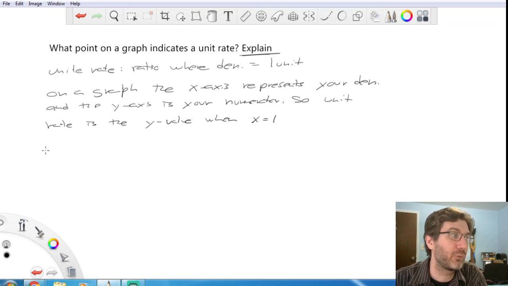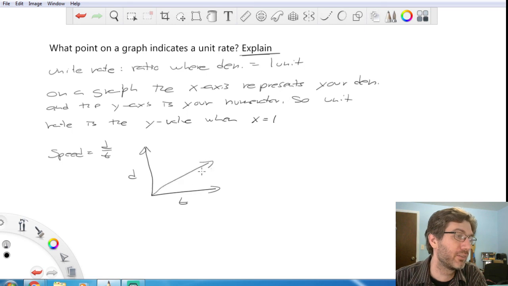So for example, again, I used speed. Speed equals distance over time. You have a distance over time graph. Distance, time. There's your speed. If this is 1, this value here equals your unit rate.